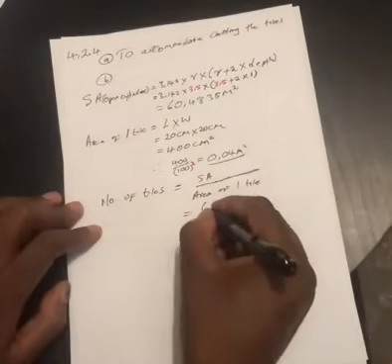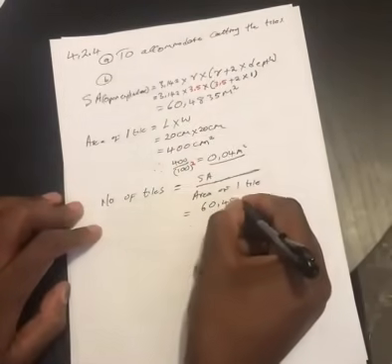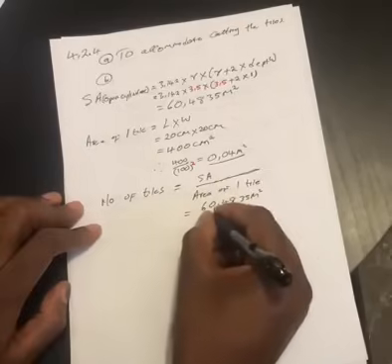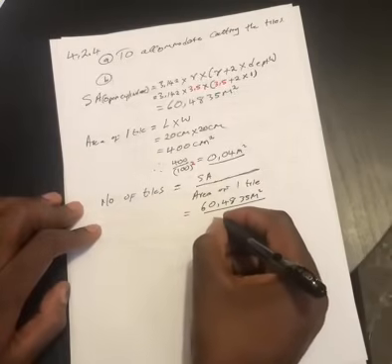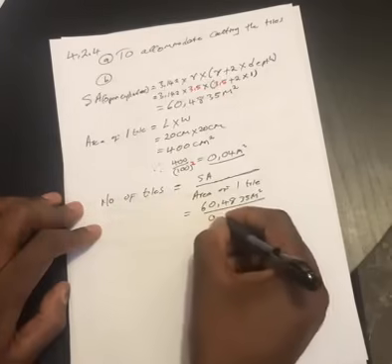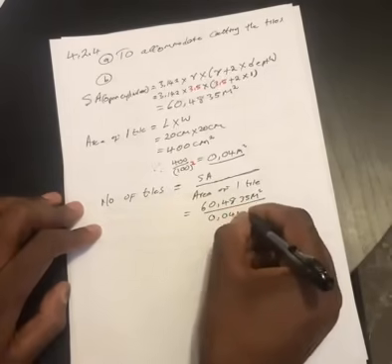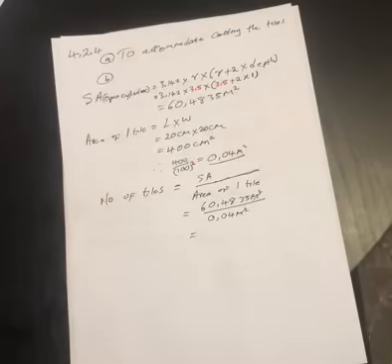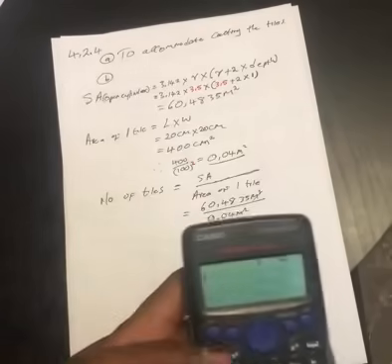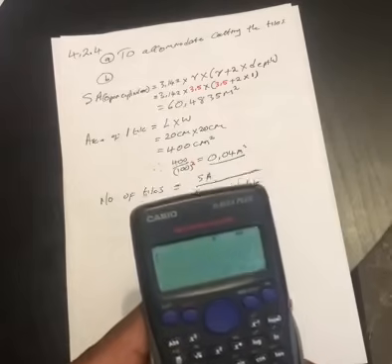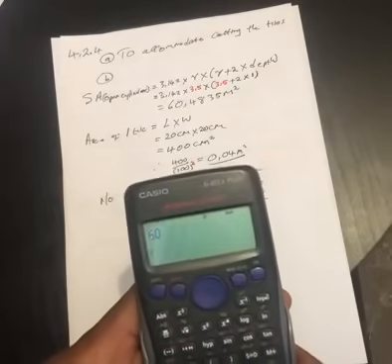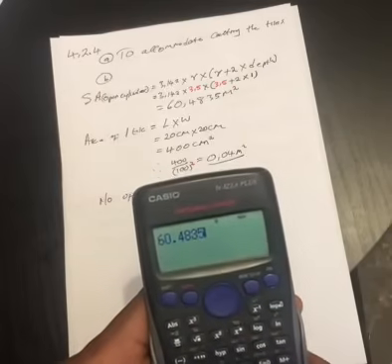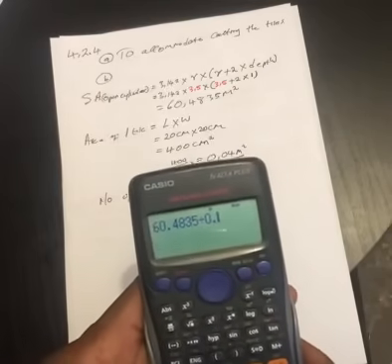The surface area, it was 60.4835 meters squared. All this divided by what? 0.04 meters squared. The meters squared and the meters squared will cancel. Then you remain with 60.4835 divided by 0.04.